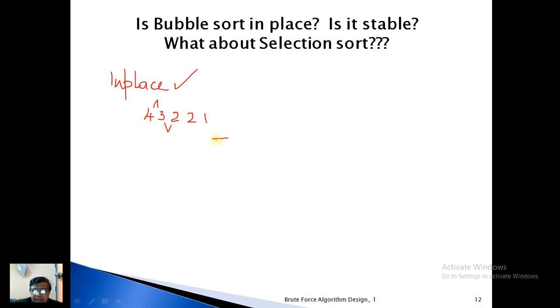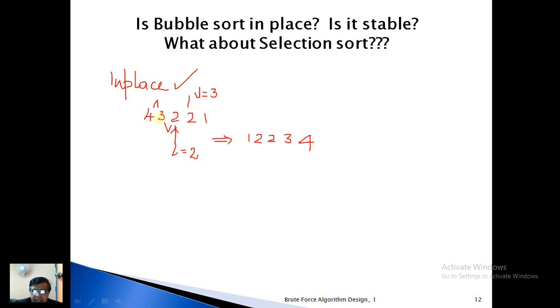So the final output will be something like this: 1, 2, 2, 3, 4. This was the position of the 2s before sorting: i equal to 2, that is indices 0, 1, 2, and this position j equal to 3.